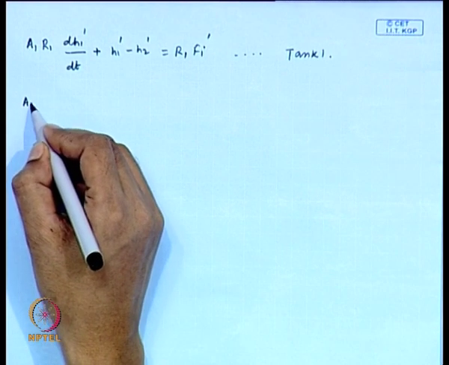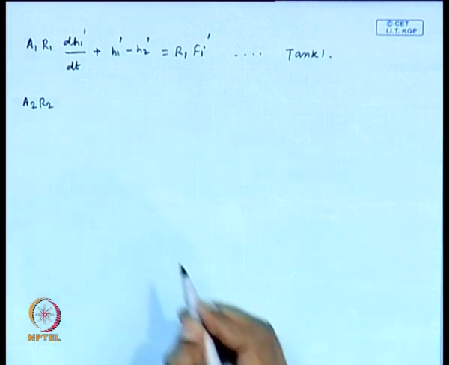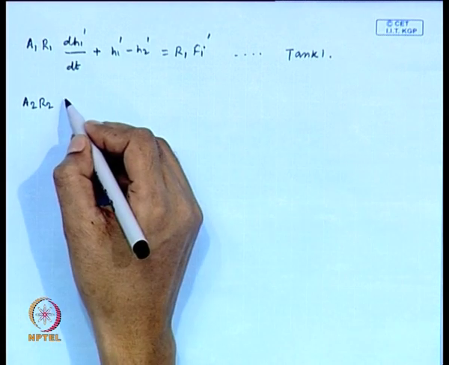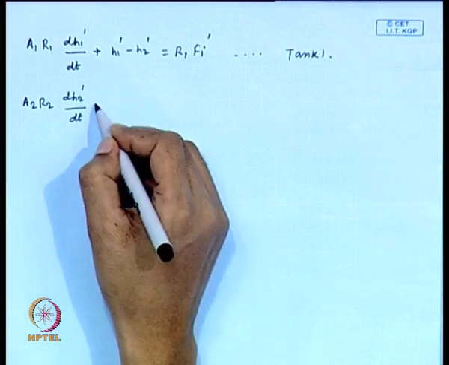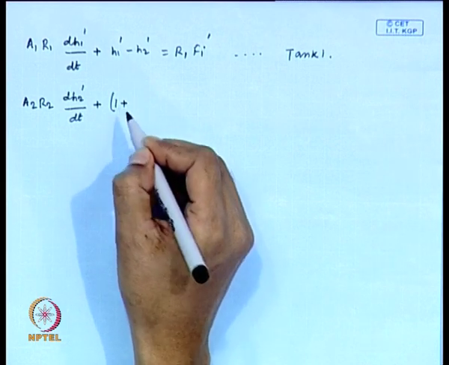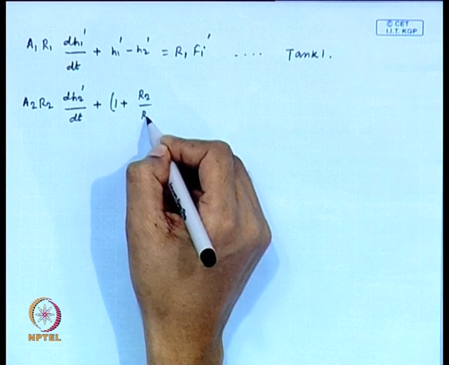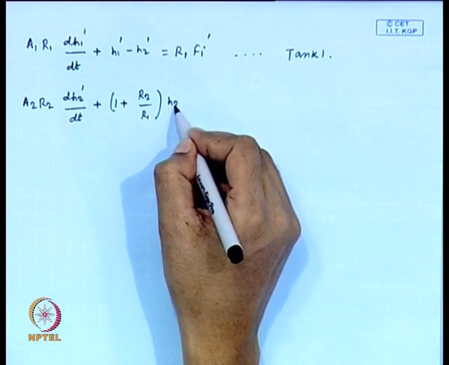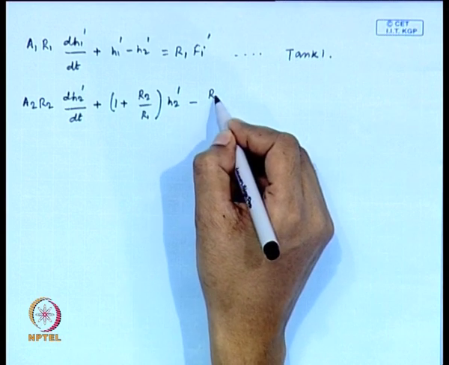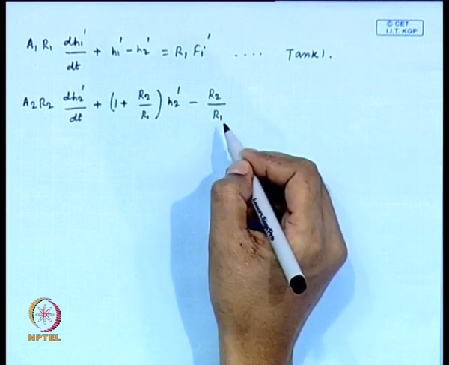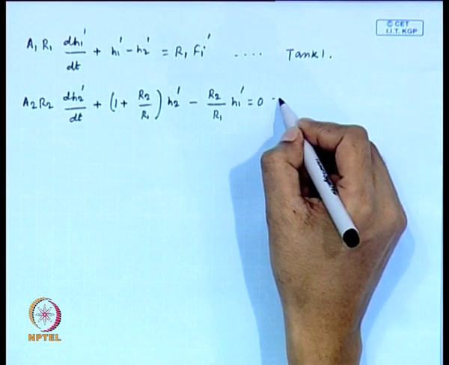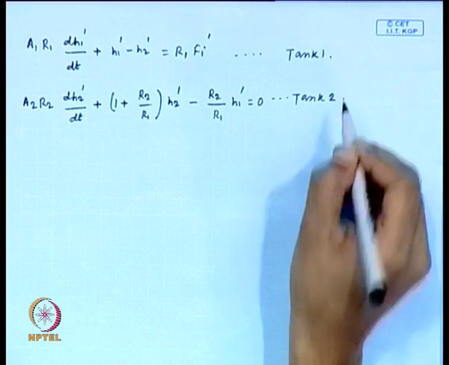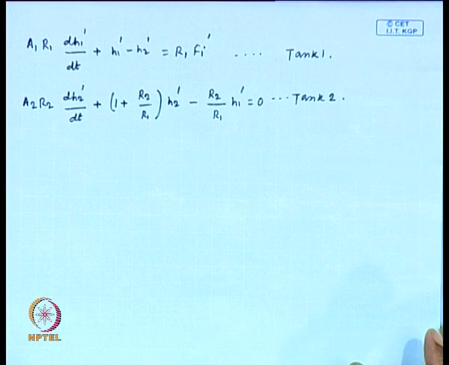Similarly, for tank 2, we can write the modeling equation in terms of deviation variables as A2 R2 dH2'/dt plus (1 plus R2/R1) H2' minus (R2/R1) H1' equals 0. This is for tank 2. Fine. Now, we will take Laplace transform of these two equations.